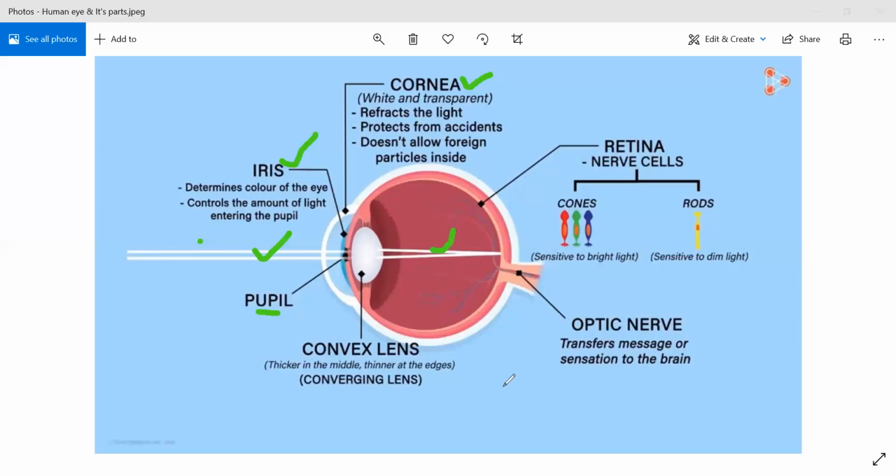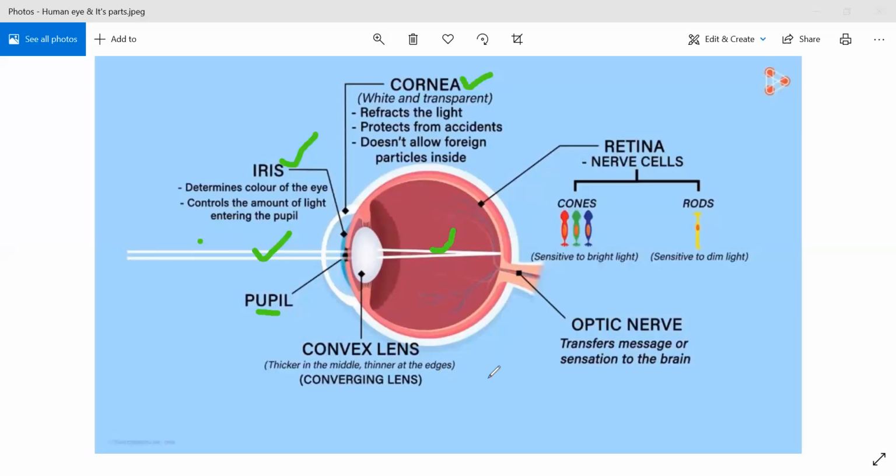So the convex lens converges the light beam. So whatever light beams come from the outer world, through the cornea and iris, are allowed to converge on the screen, right? So this is the function of the convex lens, which is also used for the power of accommodation.